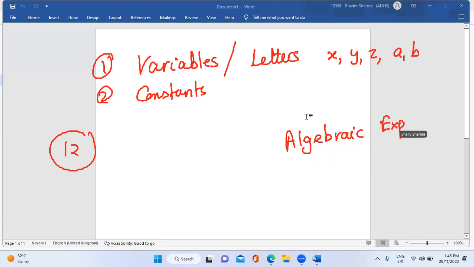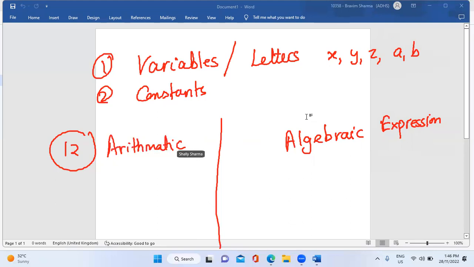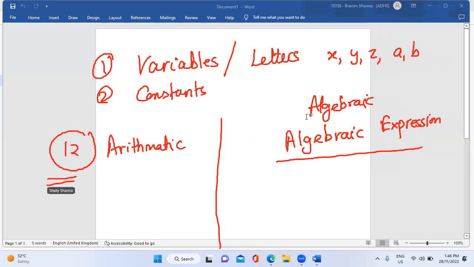Now, I try to show you on one side an arithmetic example of factorization and on the other side an algebraic example. In arithmetic, when we talk about factorization, we take input as a number. So I am taking that number as 12. But in algebra, the input will be an algebraic expression.